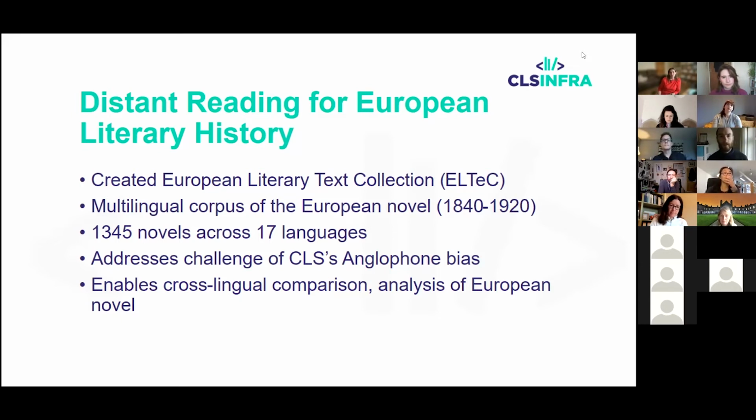As part of the COST Action, we created what's called the European Literary Text Collection, or ELTeC for short. That's a multilingual corpus of the European novel from 1840 to 1920, so just ending up where copyright coverage begins. At present, it has just over 1,300 novels across 17 different European languages.